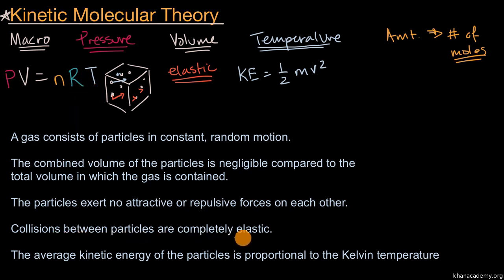The collisions between the particles are completely elastic, so they preserve kinetic energy, and they would also preserve momentum. And the average kinetic energy of the particles is proportional to the Kelvin temperature. We already talked about how the macro measurement of temperature gives us an indication of this. It's proportional to the average kinetic energy of the particles.